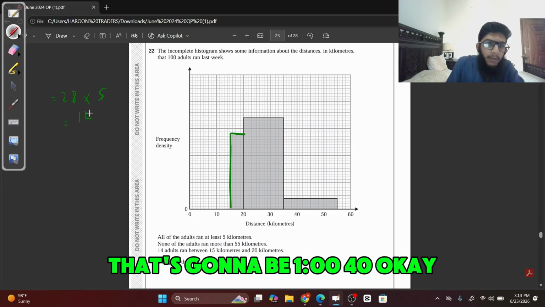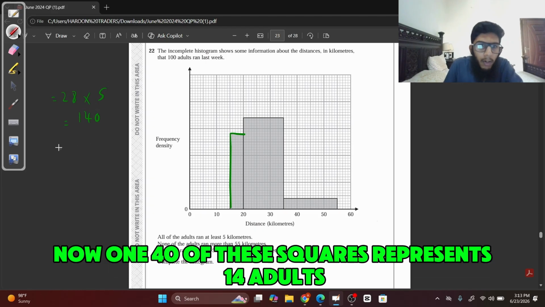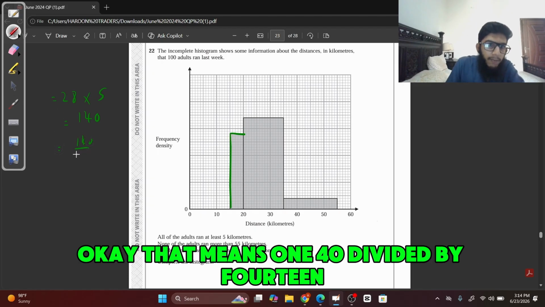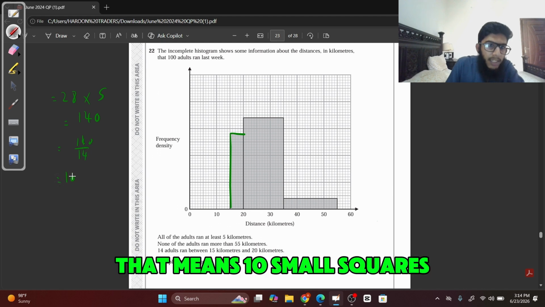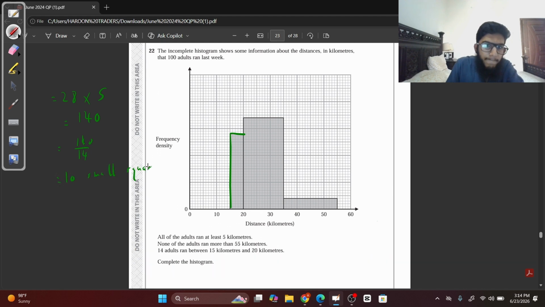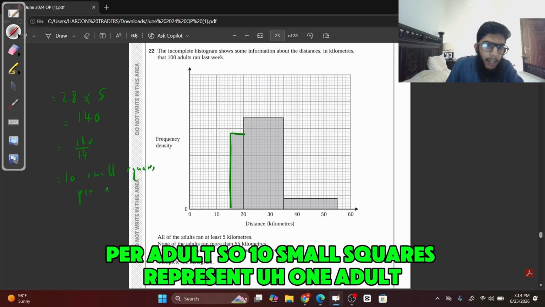That's going to be 140. Now, 140 of these squares represents 14 adults. That means 140 divided by 14, that means 10 small squares per adult. So 10 small squares represent 1 adult.